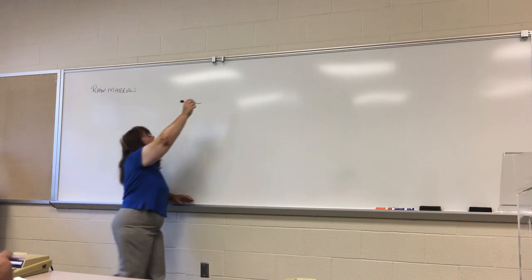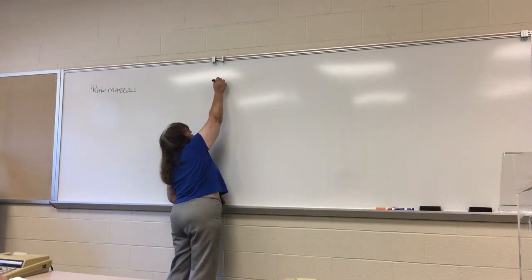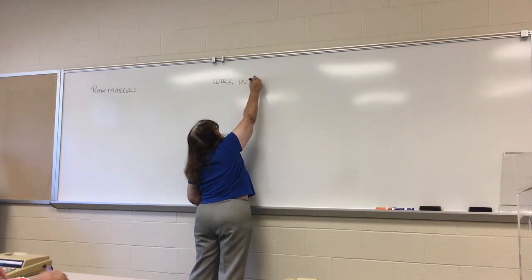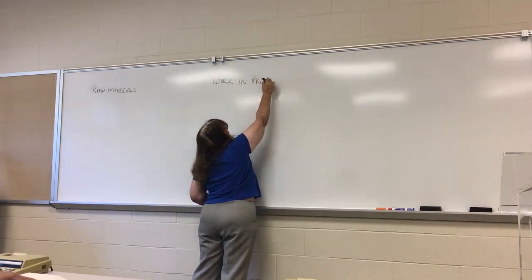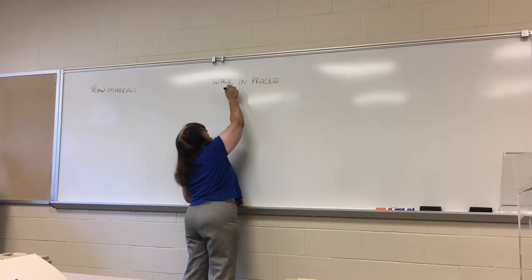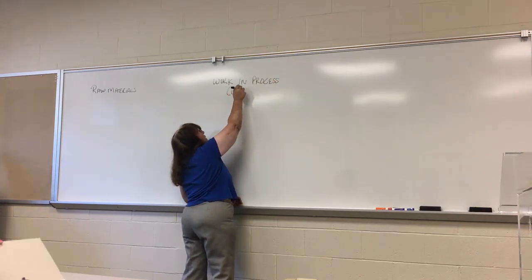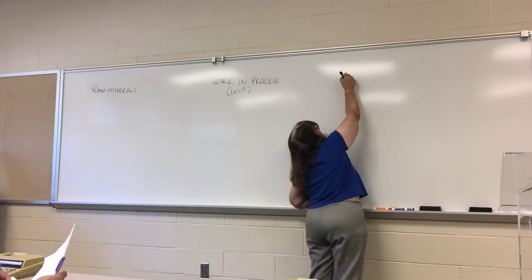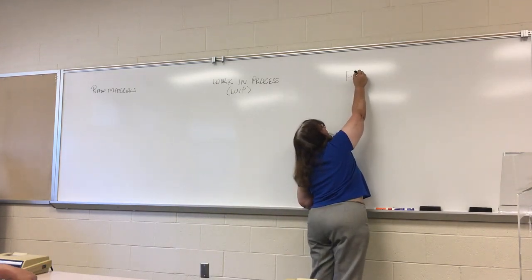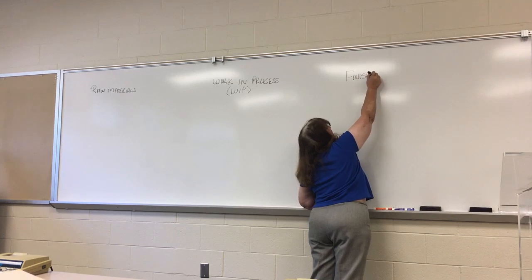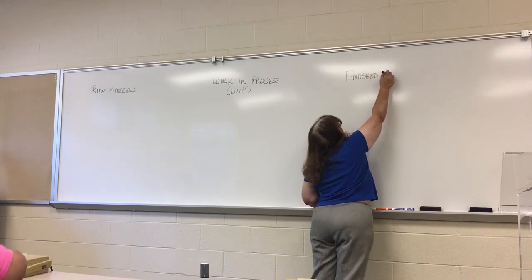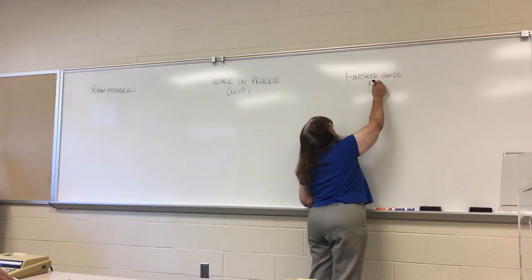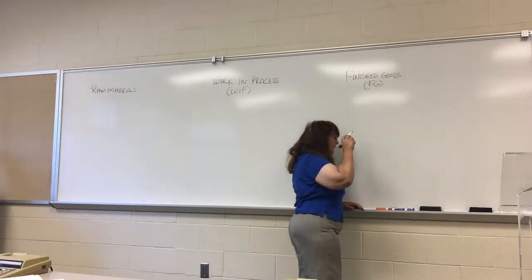You have an inventory account called work in process, which is also WIP, work in process. And finished goods, so FG for finished goods.